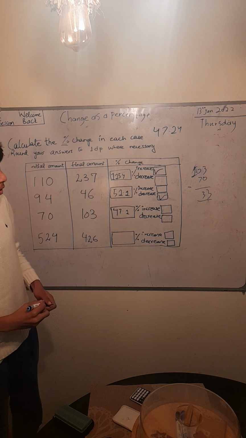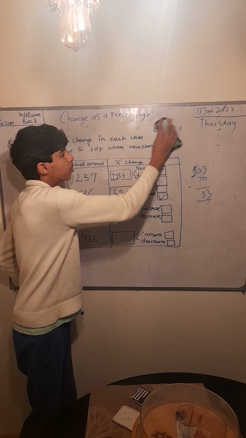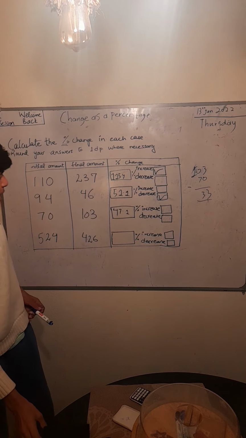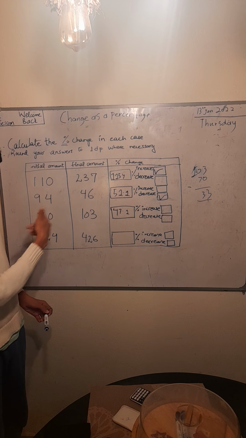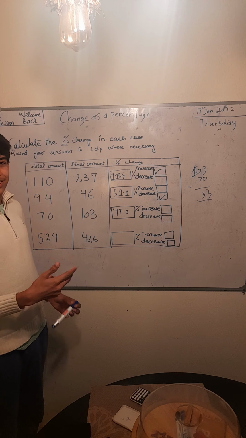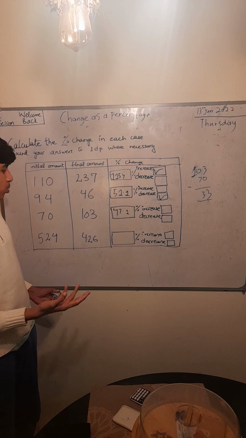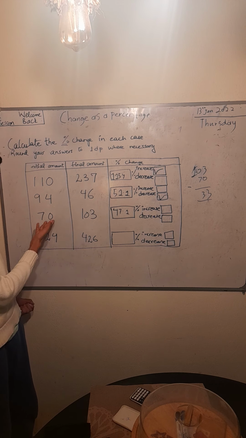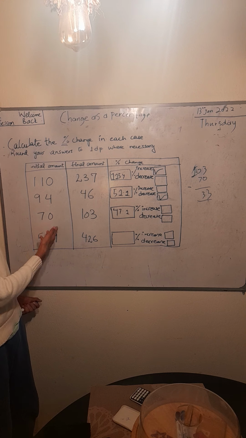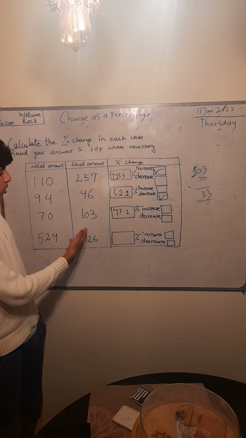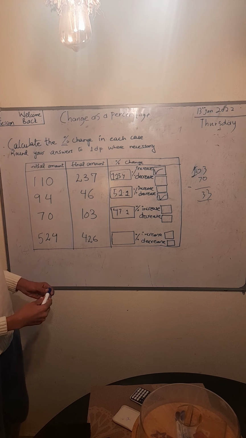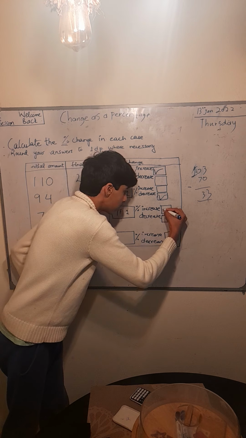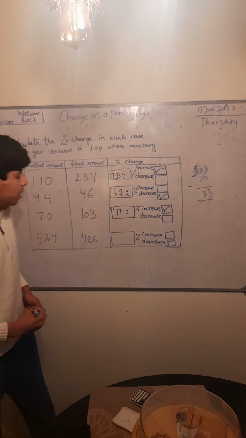Now we will see if our amount is getting decreased or increased. I think now you can also guess. Simply you can see that it is increasing, because our initial amount is 70 and our final amount is 103, so it is an increase. So simply we will take increase.